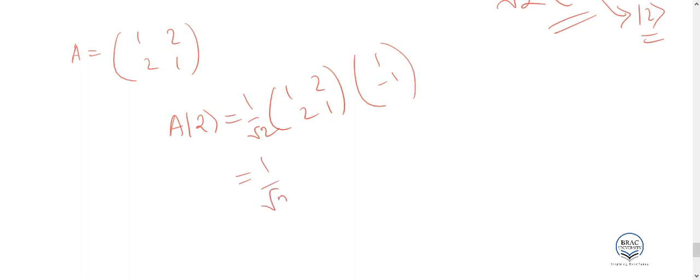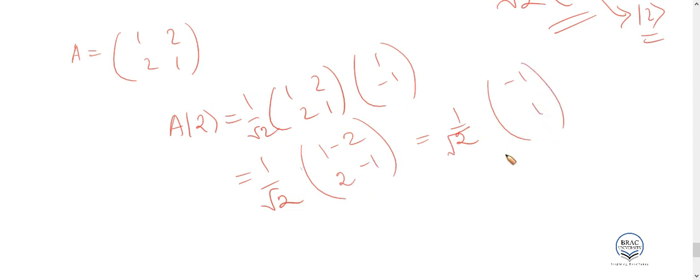So let's see what happens. 1 times 1 is 1, 2 times -1 is just -2, so this is just 1 minus 2, and then you have 2 minus 1, and this is square root of 1/2, and here you have a -1, and here you have a +1.